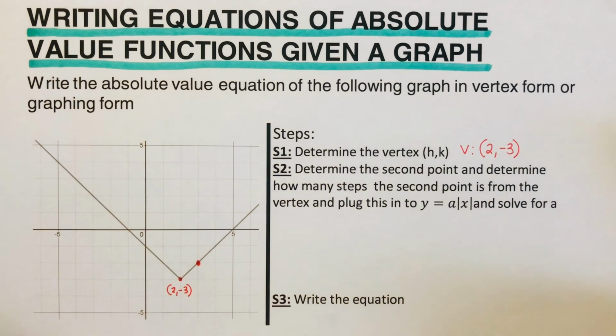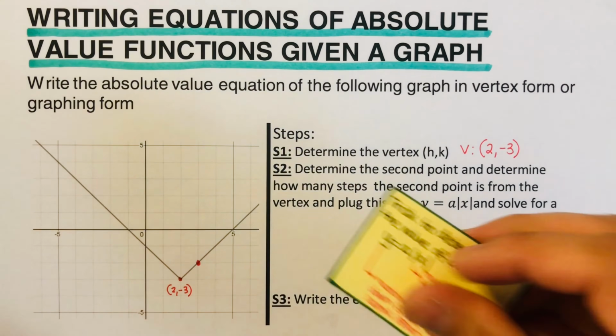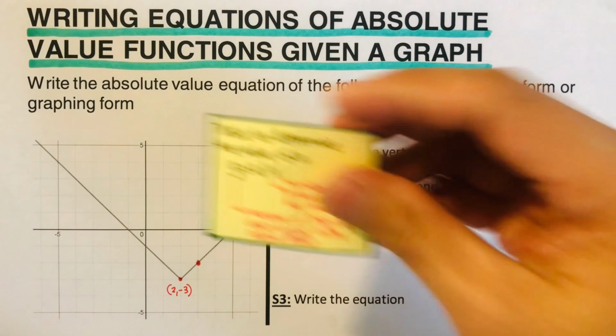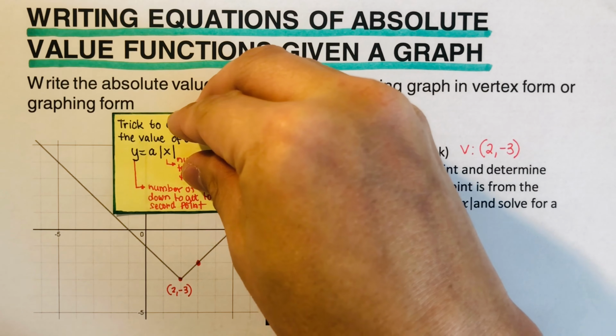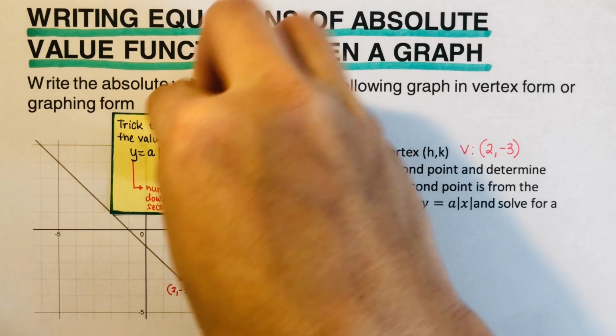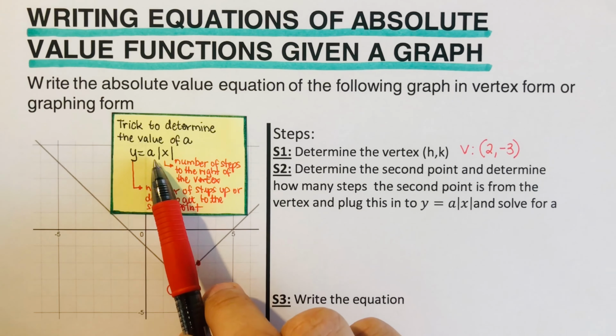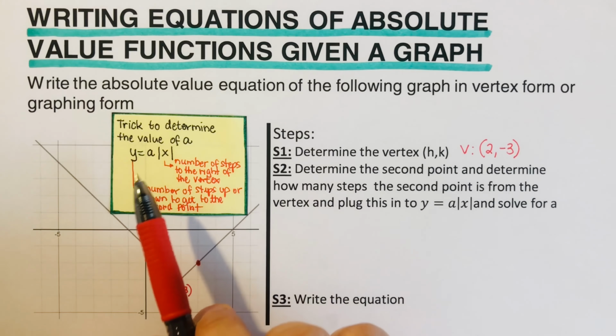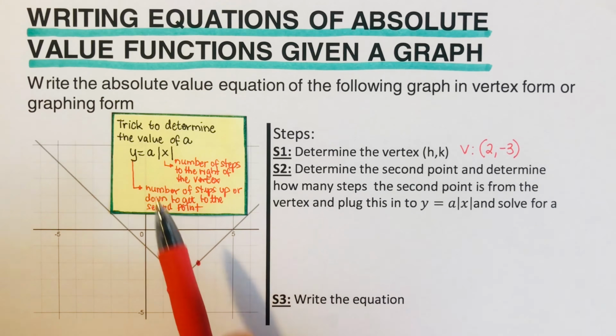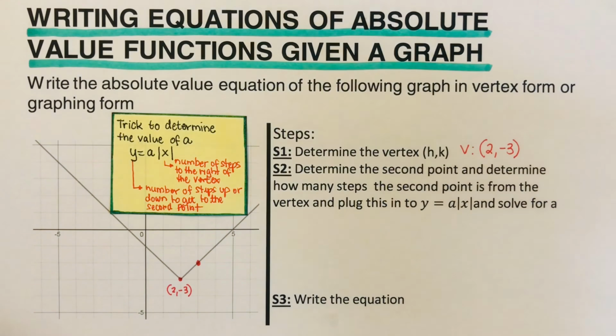And then, by the way, this is the trick right here. I'm going to put this trick up here so we can use it. The trick is, in order to find a, it's written over here. We are supposed to determine how many steps we go from the vertex to the second point.